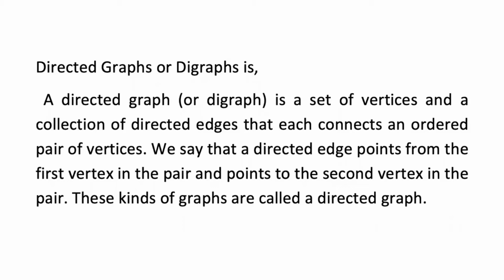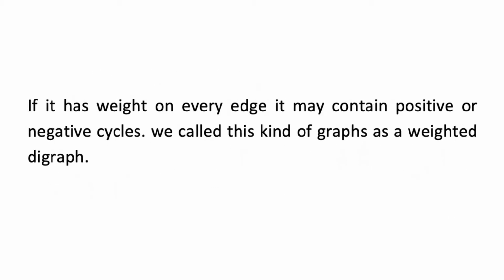We say that a directed edge points from the first vertex in the pair and points to the second vertex in the pair. These kinds of graphs are called directed graphs. If it has weight on every edge, it may contain positive or negative cycles. We call these kinds of graphs weighted digraphs.